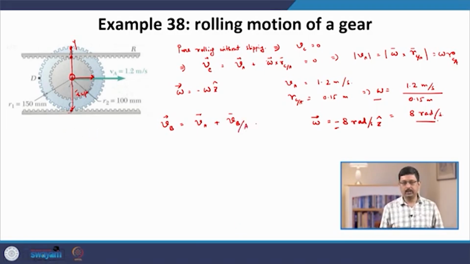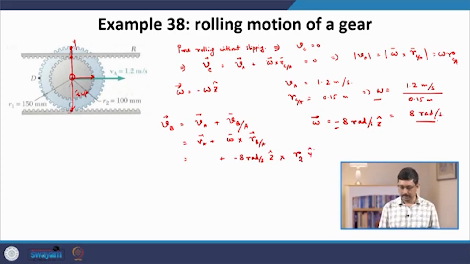So, the relative velocity of this point B with respect to A: V B is equal to V A plus omega cross R B, the location of B with respect to A. Omega is minus 8 radian per second z hat, cross R B. Since B is along the y axis, this would be R 2 times y hat, plus V A, which is 1.2 meter per second x hat.